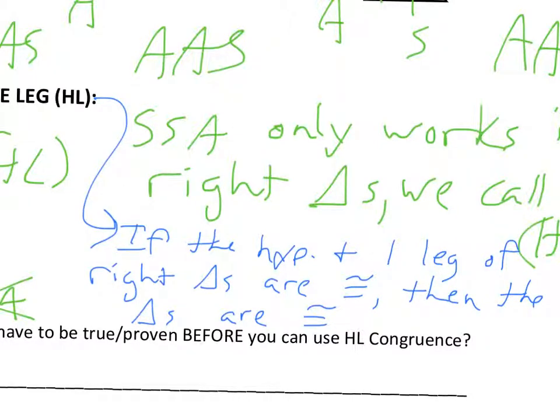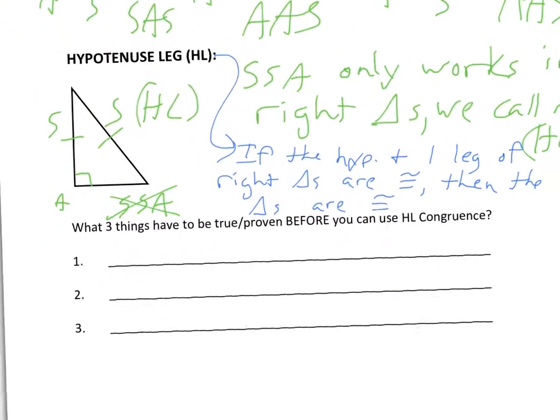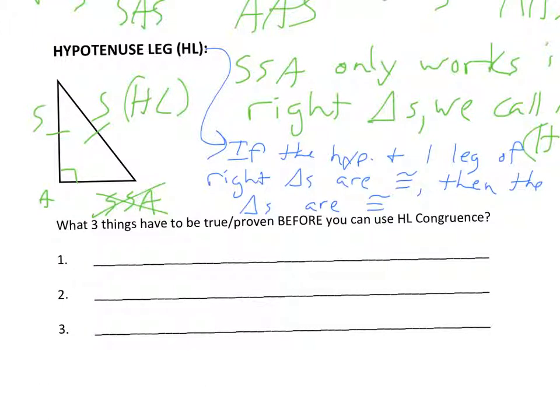So what that's basically saying is if I have 2 right triangles, the hypotenuses are congruent and one leg is congruent, then we can prove that the 2 triangles are congruent using hypotenuse leg, HL.